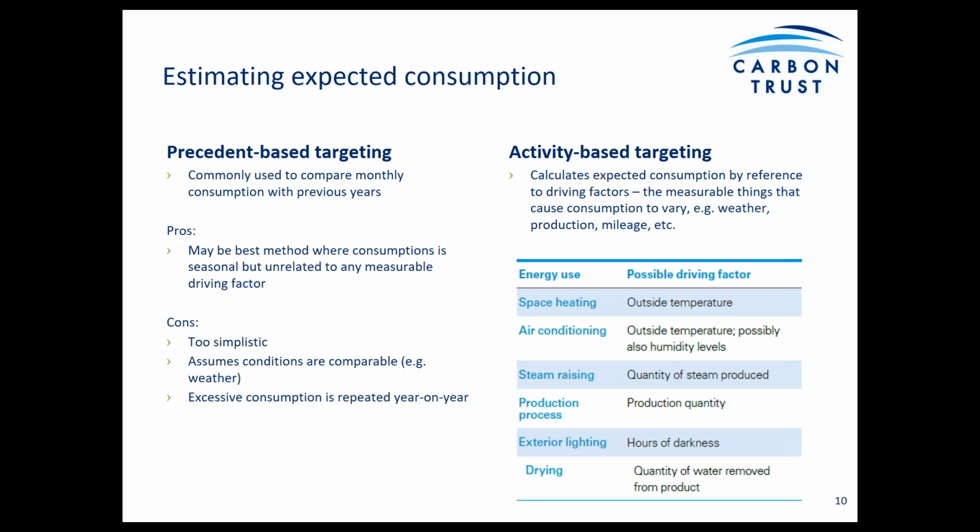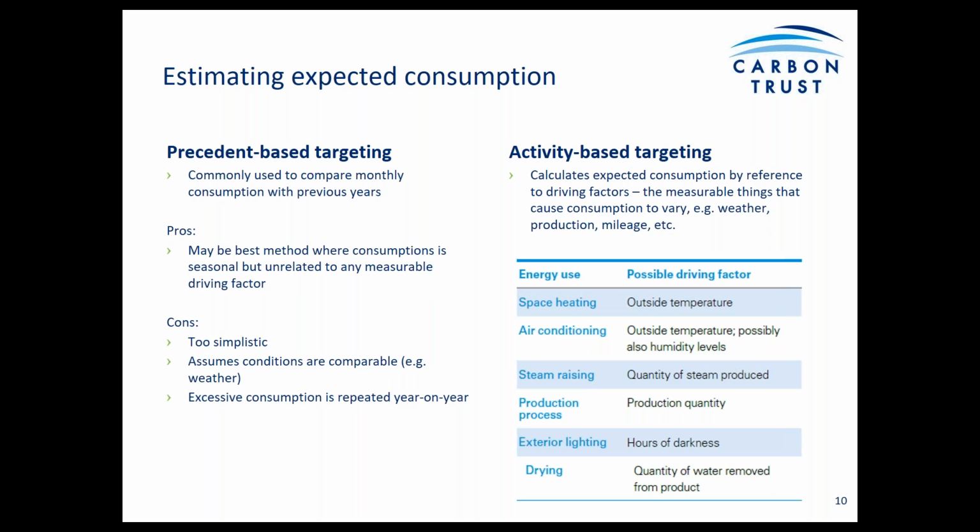However, this is often too simplistic, as it does assume that conditions are comparable, for example weather or external temperature conditions. And the main risk here normally is that excessive consumption is repeated year on year.